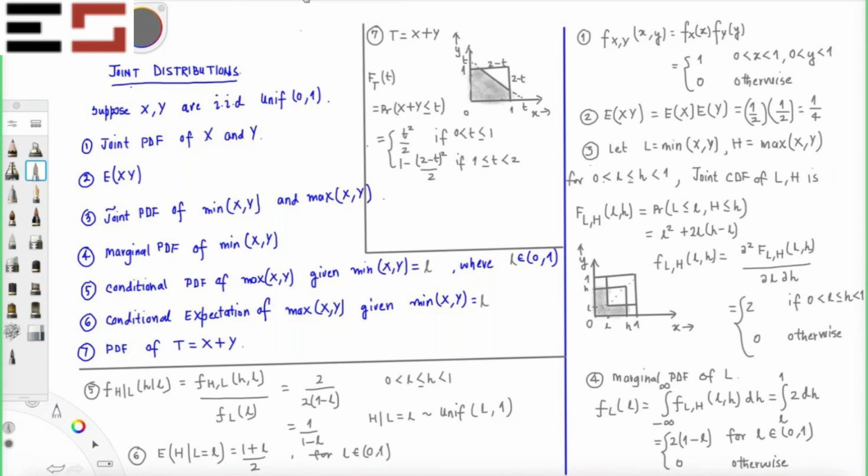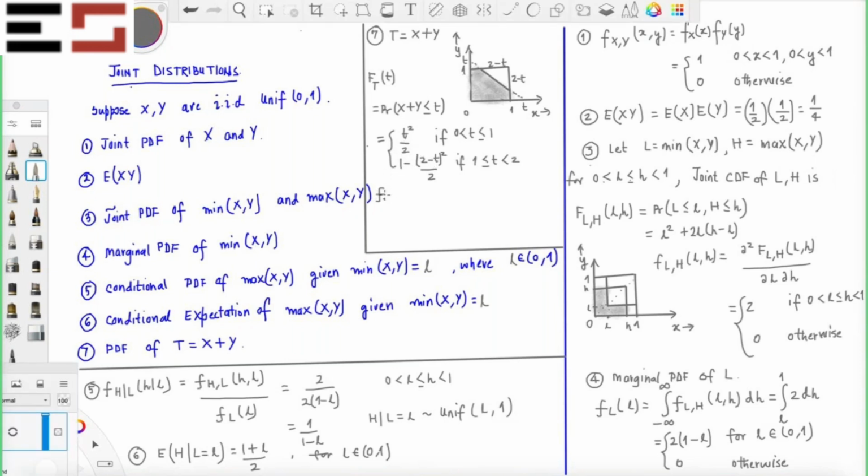Is that okay? Okay. So once we have the CDF, now we can actually figure out the PDF. How do you figure out the PDF from the CDF? By taking the derivative. So let's take the derivative, and what are we going to get?